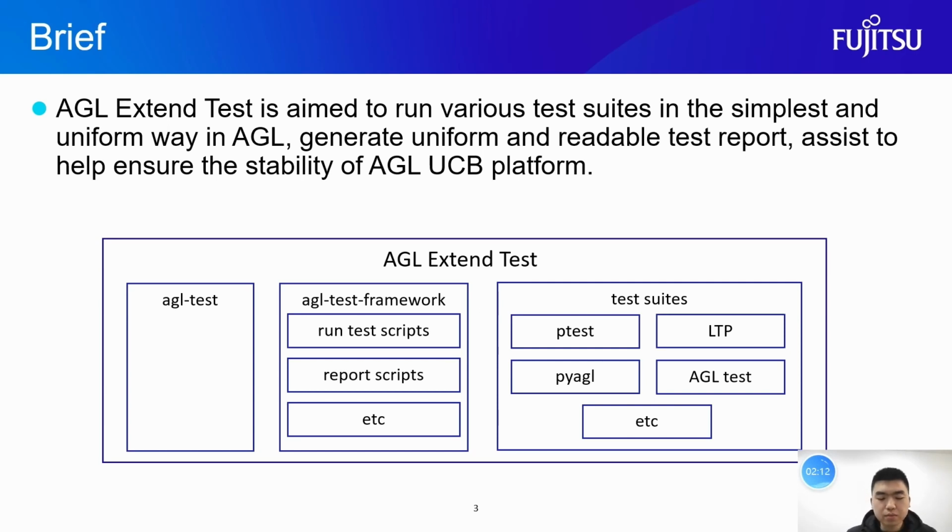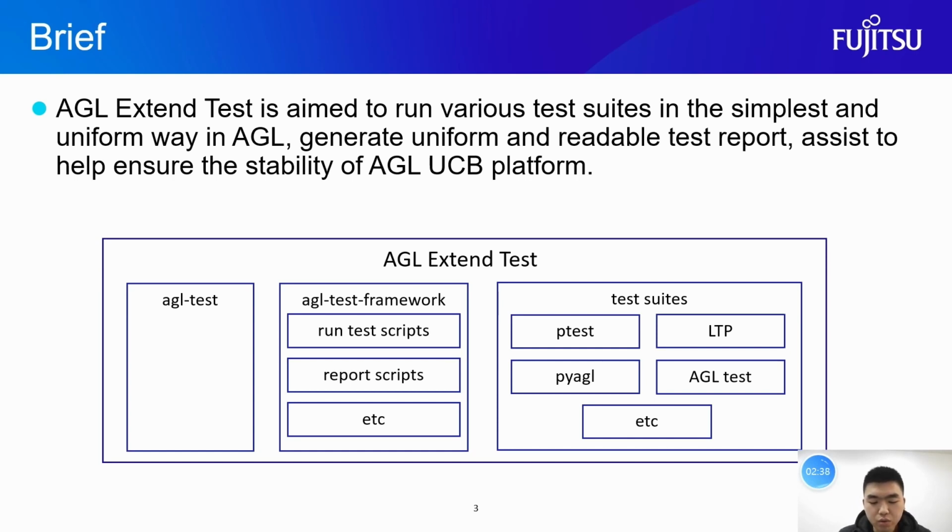And last, the test suites. The test suites supported by this framework include the test suites from ptest, which is a test framework provided by Yocto project, where the open source software self-test would run in. Test suite from LTP, Linux Test Project.